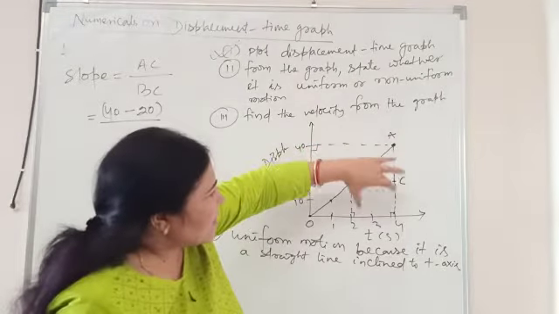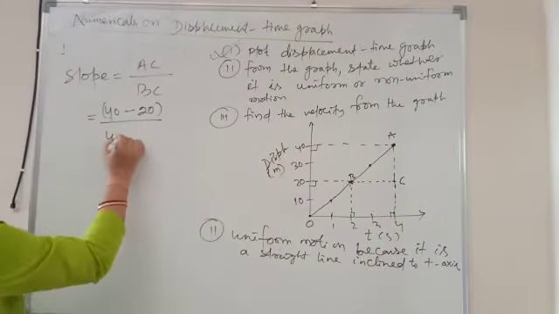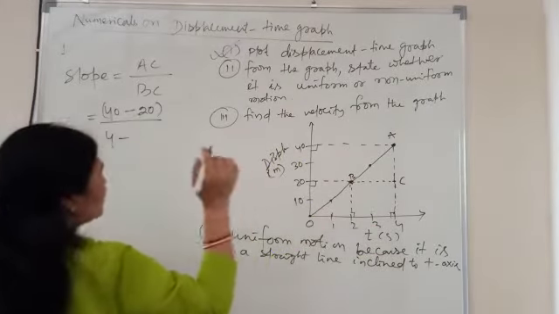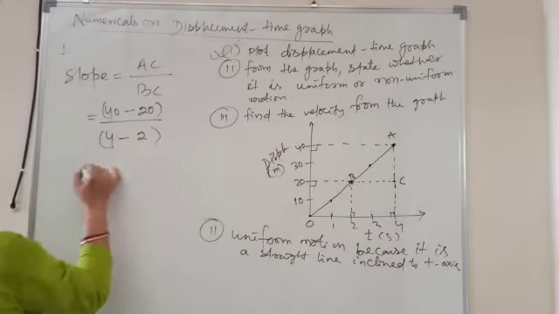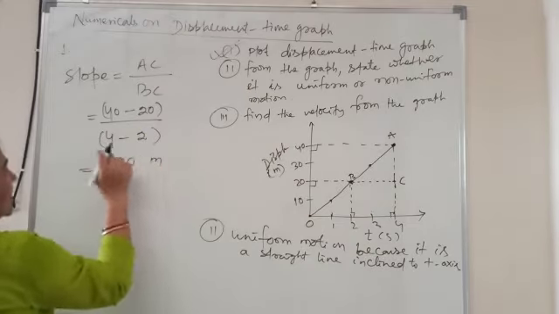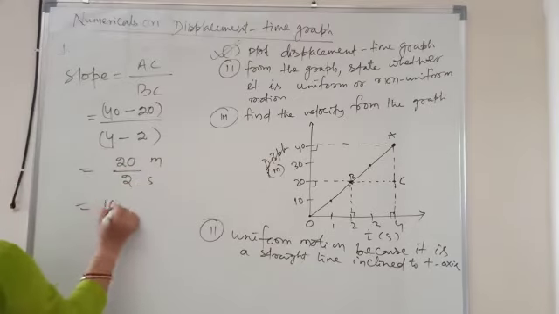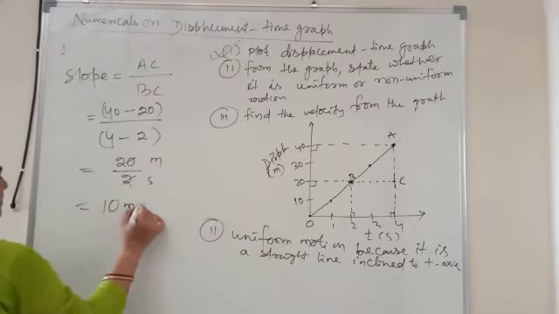Similarly, on the time axis C corresponds to 4 seconds minus B corresponds to 2, so this is 4 minus 2, which is 2 seconds. So that means this will be 10 meter per second.